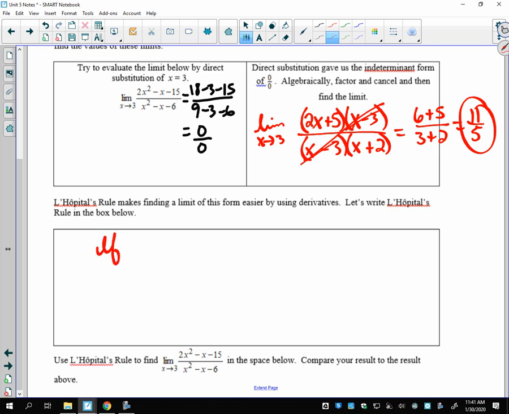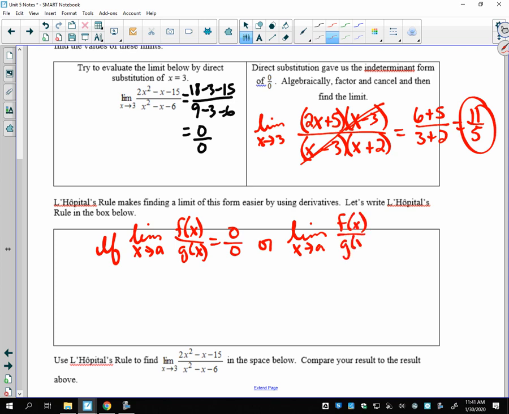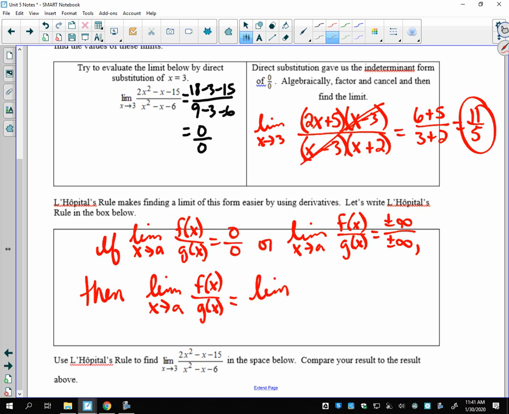It says, if the limit as x approaches a of f of x over g of x equals 0 over 0, or any form of infinity over infinity, then the limit as x approaches a of f of x over g of x is equal to the limit as x approaches a of f prime of x divided by g prime of x.